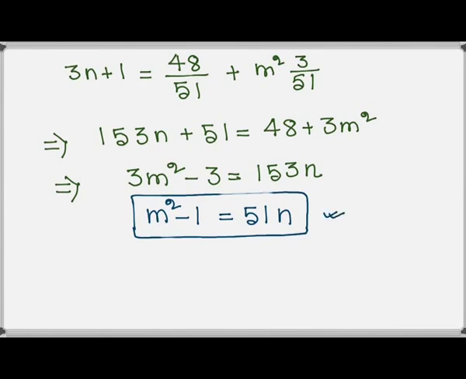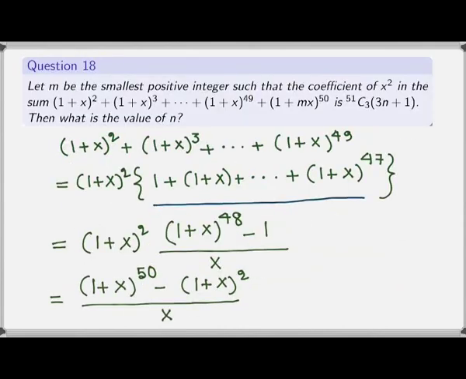Taking m is equal to 1, we can see that we get n is equal to 0, and for m is equal to 1 and n is equal to 0, this equation holds true. So, we can take the choice of m to be 1. So, the value of n is equal to 0. So in the given question we find out that the value of n is equal to 0.